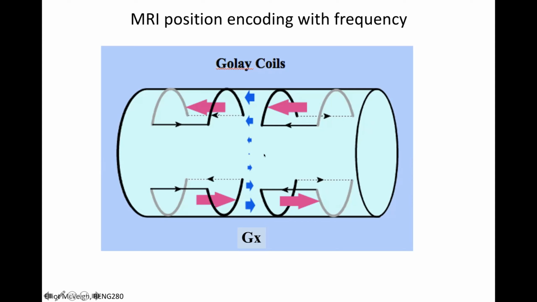And if I do the mirror image of those currents over here, I decrease the B field for the parts of the patient that are on the left, right? And ideally, this is a linear, this is just a straight line, this change in field, right? Obviously, it's not perfect. Trying to make it a straight line is why they have those sophisticated printed current distributions.